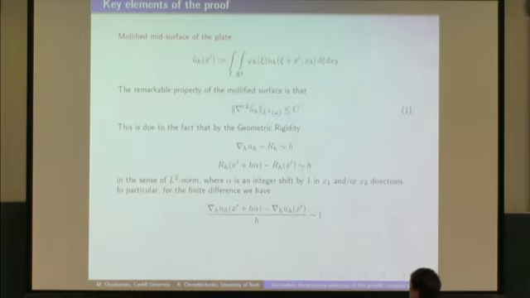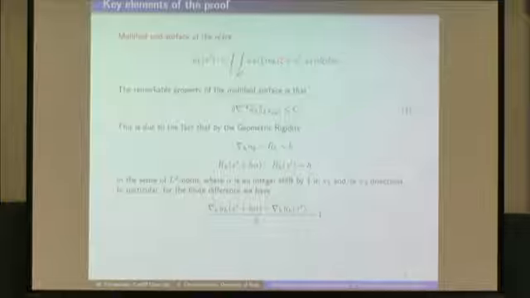Okay, what are the key elements of the proof? This is probably one of the most important ingredients of this work: the introduction of this modified mid-surface of the plate. So we integrate with respect to the transverse variable x3, so that we end up with a 2-dimensional surface rather than a 3-dimensional plate. But also we modify the result by a standard mollifier, with support h.